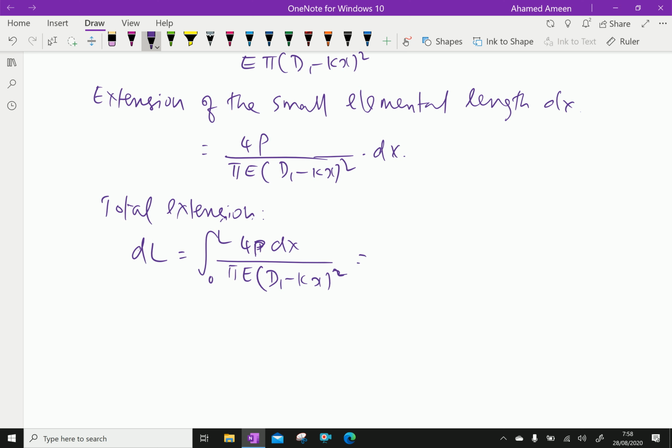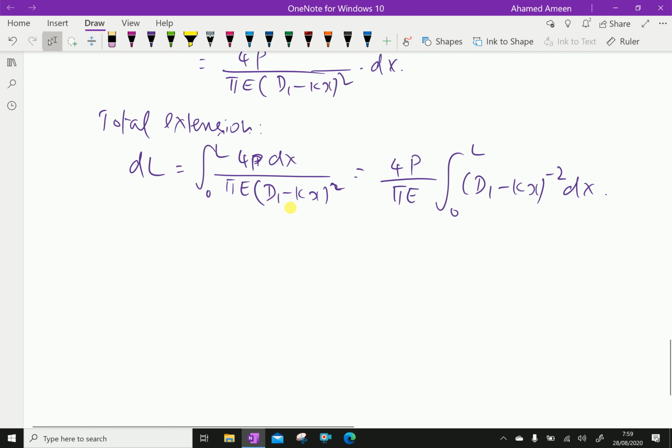Now the constant is taken out of the integration, that is 4P over pi E integral zero to L of (D1 minus kx) power minus 2 dx.